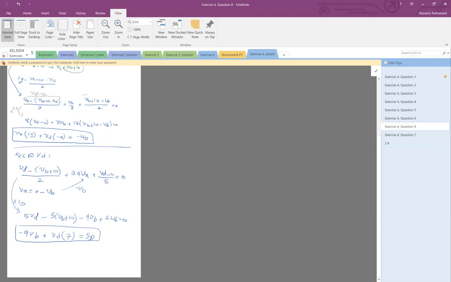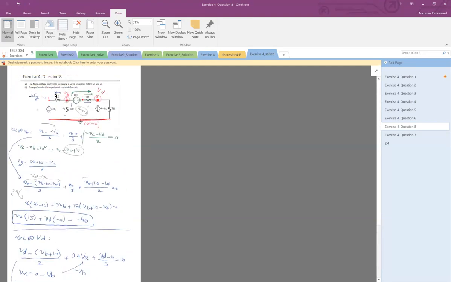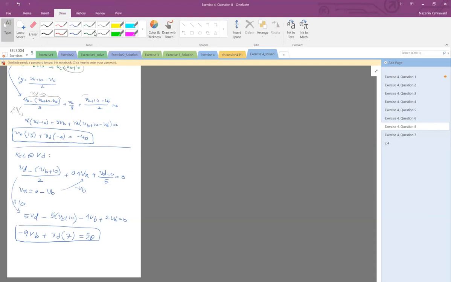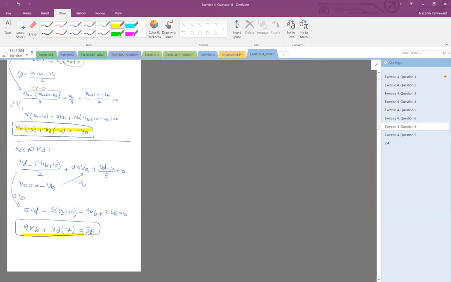As you see, it has only VB and VD. So we have to solve it, but here the question says just arrange your equations in a matrix format. Our unknowns are VB and VD.